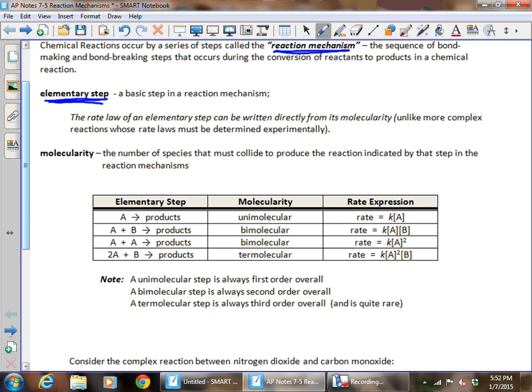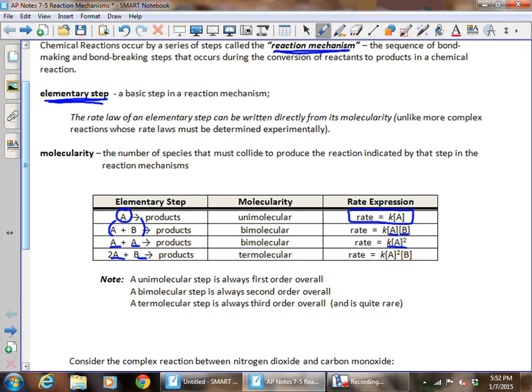For instance, look at this table. In this first one, all we're starting with is A, and A is just going to turn into products. If that's all that's involved in that elementary step, then rate equals k times A. If, however, A and B have to collide, then our rate law is going to include both A and B. If two A's have to collide in order for this reaction to occur, then we'll have A squared.